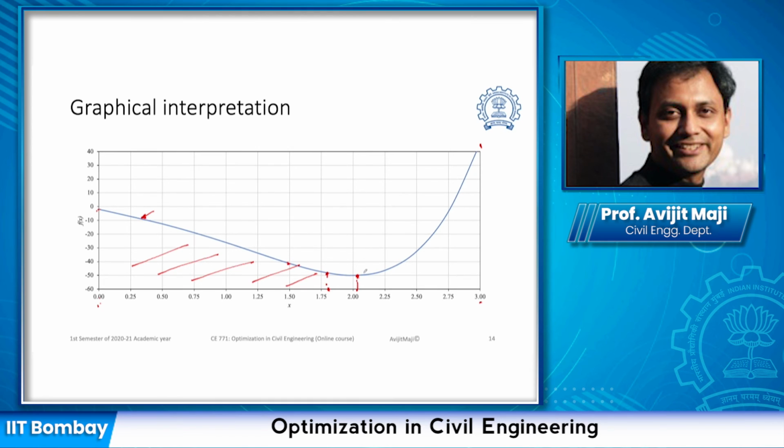This objective function value is better than this particular objective function value, and this is also better than this. However, the slope here and here are of opposite sign, hence we are going to replace the x2 point, which is here, and it will move in this direction. So this becomes my new x2, this was my x1.